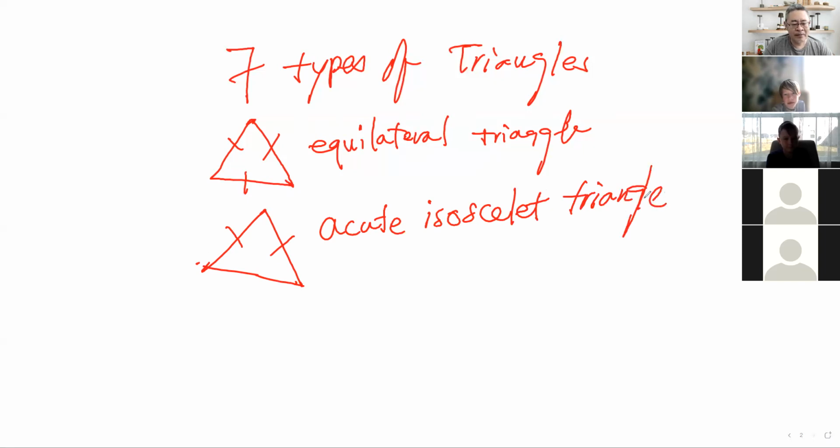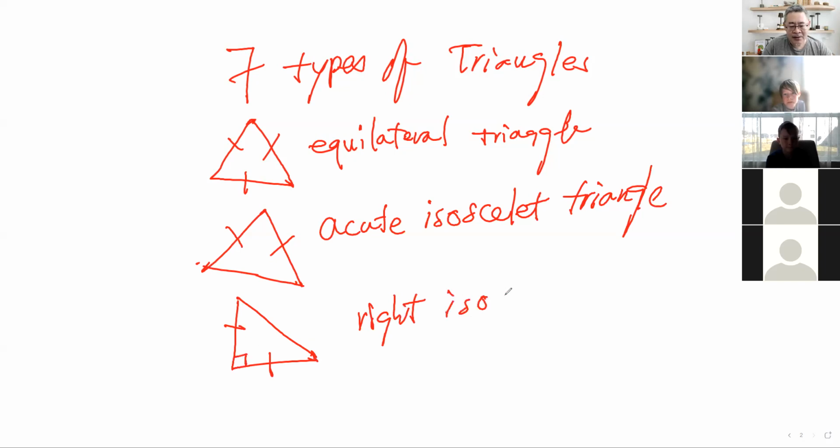Then we've got this, and this and this are congruent. This is called a right isosceles because this is a right angle here.